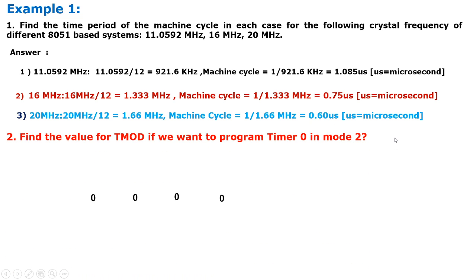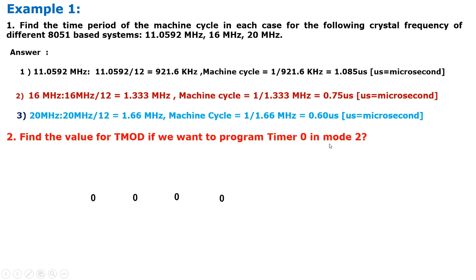Now how do we use the TMOD register, or how does the TMOD register select different timers in different modes? Find the value of TMOD if we want to program timer 0 in mode 2.